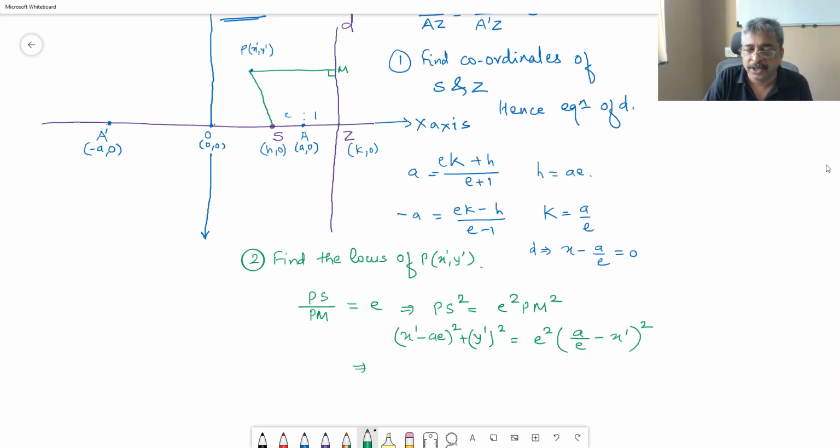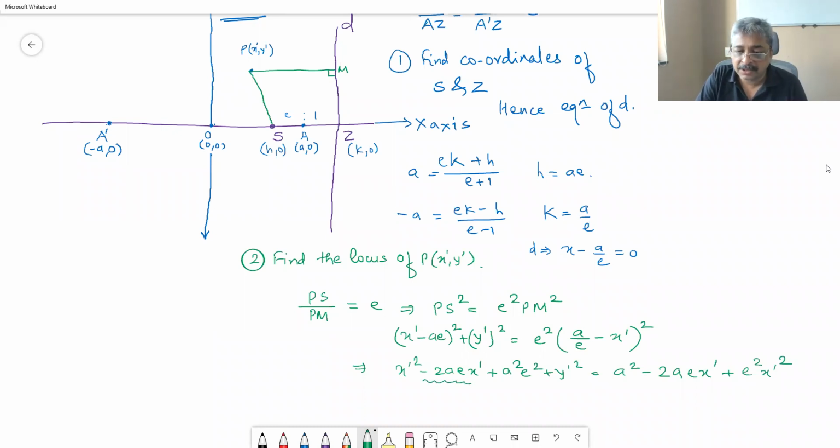Once we simplify, we get a nice expression. x' squared minus 2a e x' plus a squared e squared plus y' squared is equal to e squared multiplied by (a squared over e squared minus 2a x' over e plus x' squared).